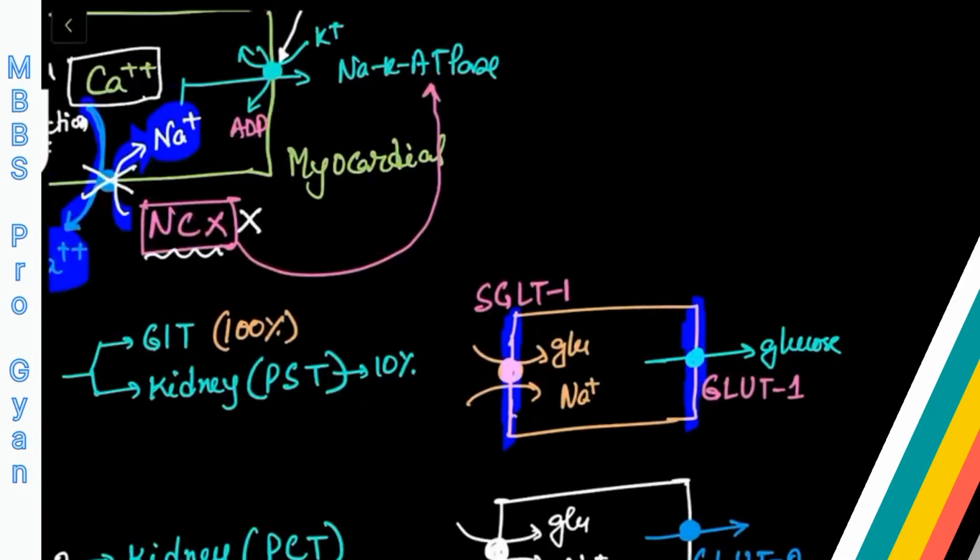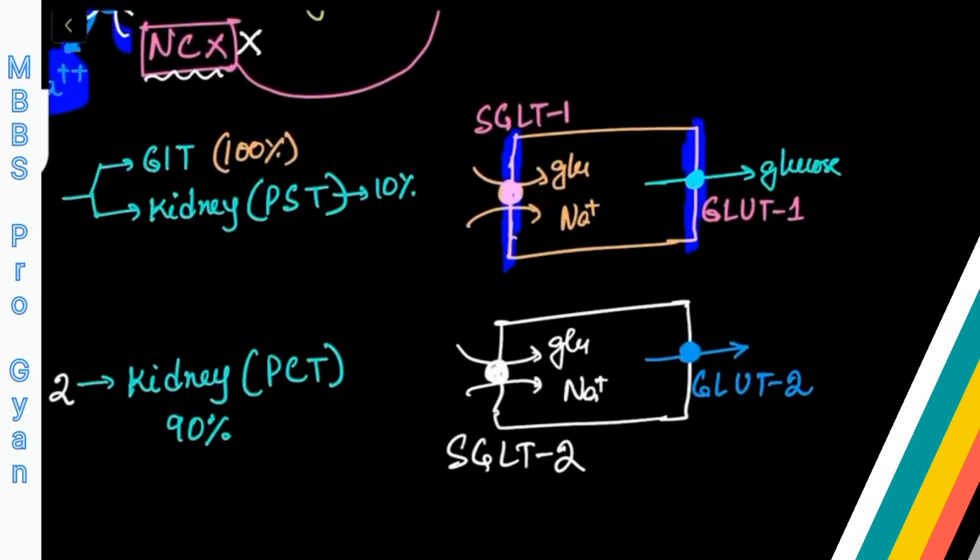Now there is another thing, which is known as the coupling ratio. For example, we all know that the sodium potassium ATPase pump moves 3 molecules of sodium and 2 molecules of potassium. So the coupling ratio of the sodium potassium ATPase pump is 3:2. In case of SGLT1, the coupling ratio is 2:1, meaning 2 molecules of sodium for 1 molecule of glucose.